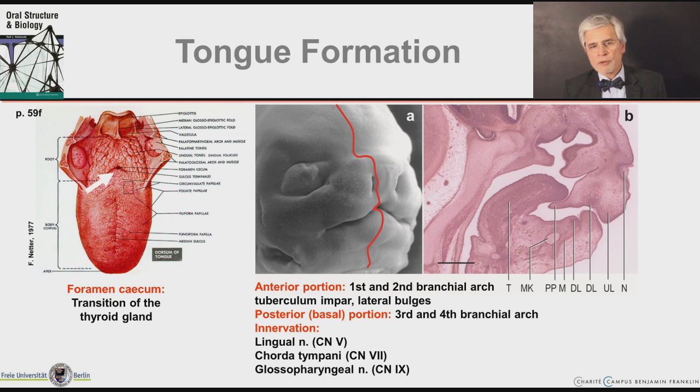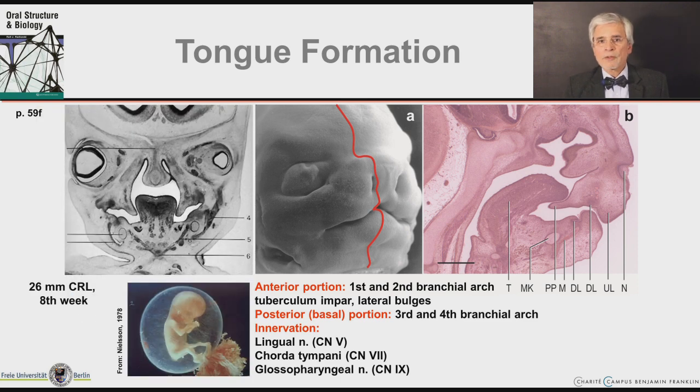As a border, the terminal sulcus can be seen as a V-shaped line on the tongue lifelong. At the tip of this V, the foramen cecum is recognizable, which indicates that from here the thyroid gland has migrated cervically to its target area. And the path is still traceable as the thyroglossal duct. This is also such a fascinating aspect of development.